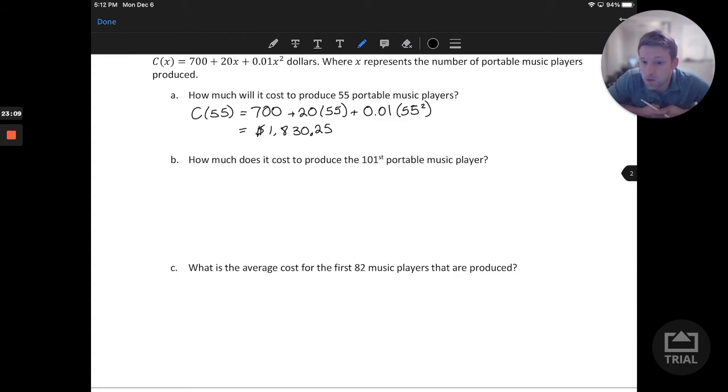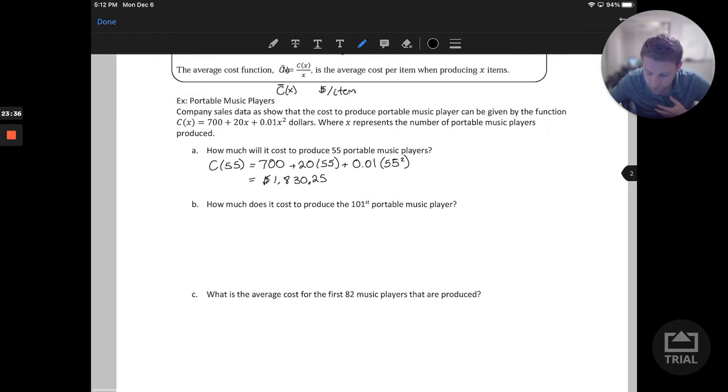The second question we have is how much does it cost to produce the 101st portable music player? Well, we can consider at least an approximation to this in considering the 101st item is going to be very close to the marginal cost function at 100.